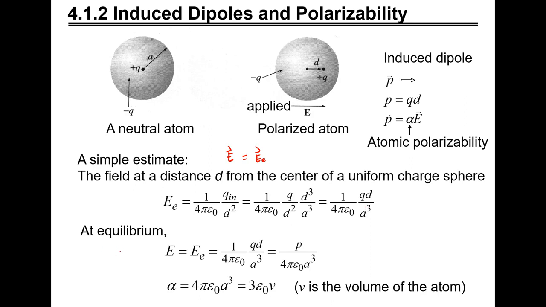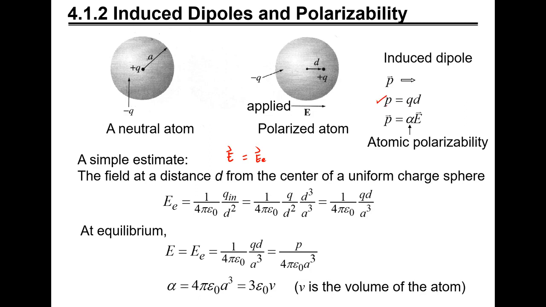So at equilibrium, since E is just equal to E sub e, you have 1 over 4 pi epsilon naught qd over a cubed equal to your external electric field. Take note that p is equal to qd.